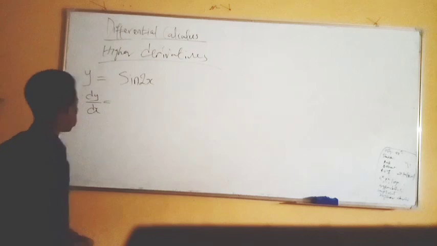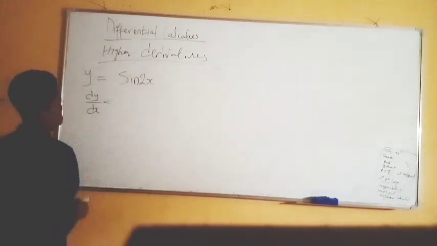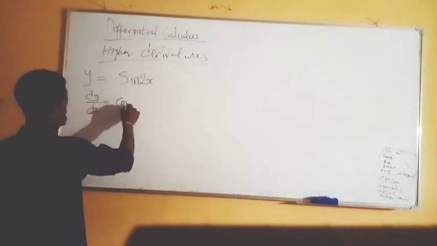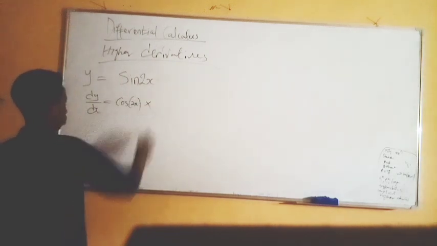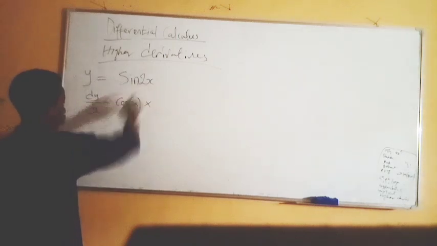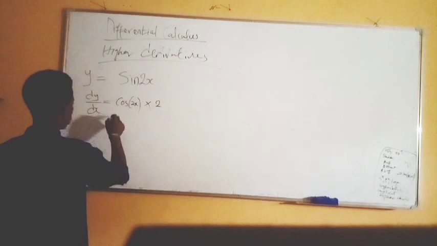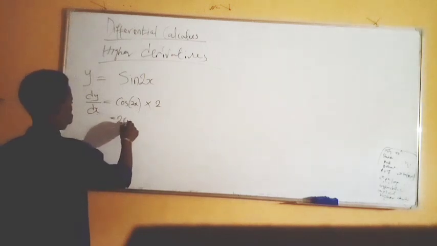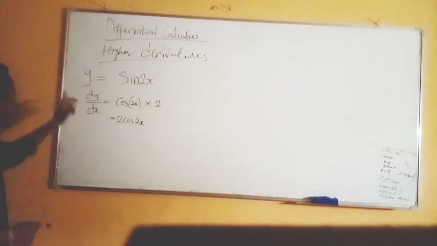If I differentiate the sine function, I get a cos function, cos 2x, multiplied by the derivative of the function inside. I differentiate 2x, I get 2. This gives me 2 cos 2x. That's the first derivative.